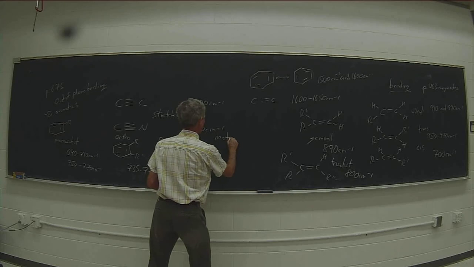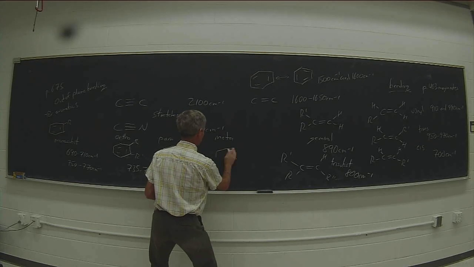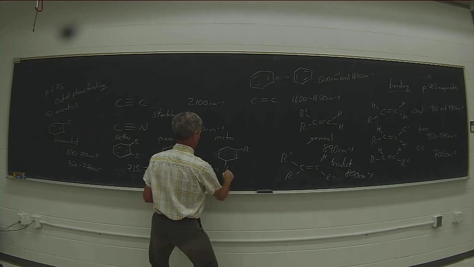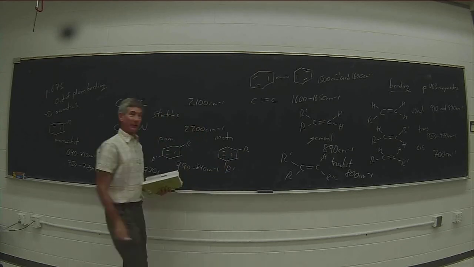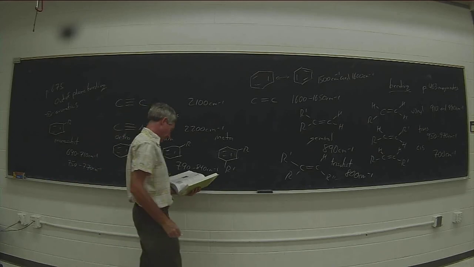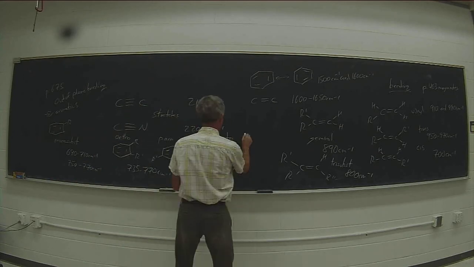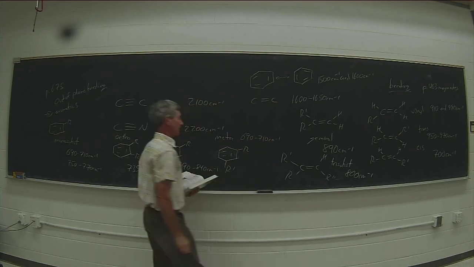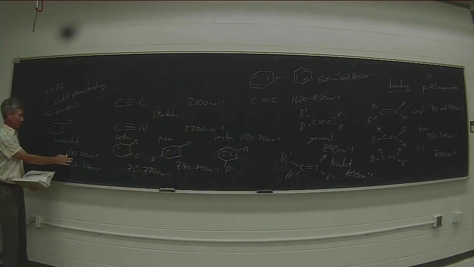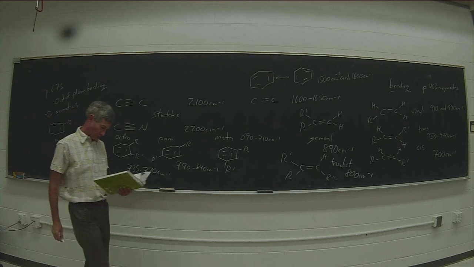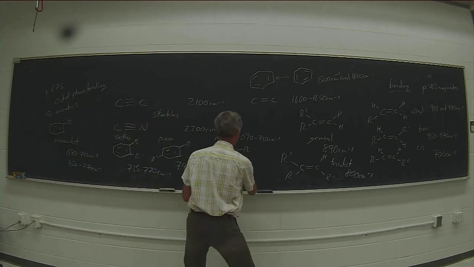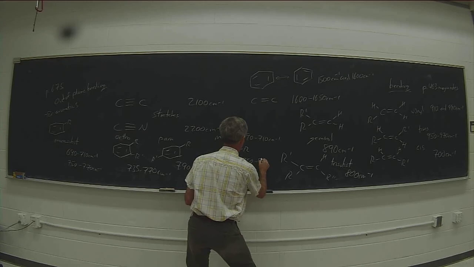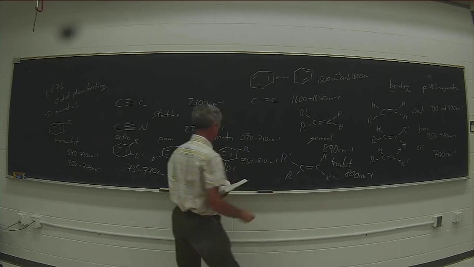And then a 1,3 substitution pattern, or meta, will again show two peaks. Those peaks will be roughly in the same location, 690 to 710, which is an identical place to the monosubstituted, and then 750 to 810 for the second peak.